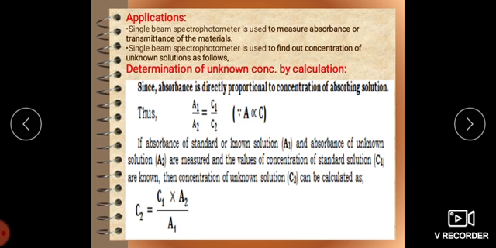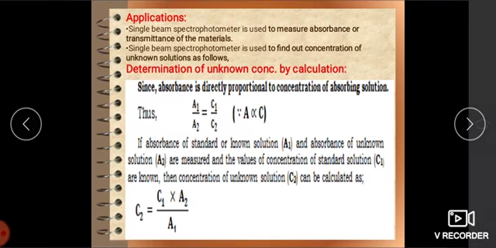Okay, how does the single beam spectrophotometer determine the concentration of unknown solutions? Because we know that absorbance is proportional to the concentration of solutions, we can write A1 upon A2 is equal to C1 upon C2.